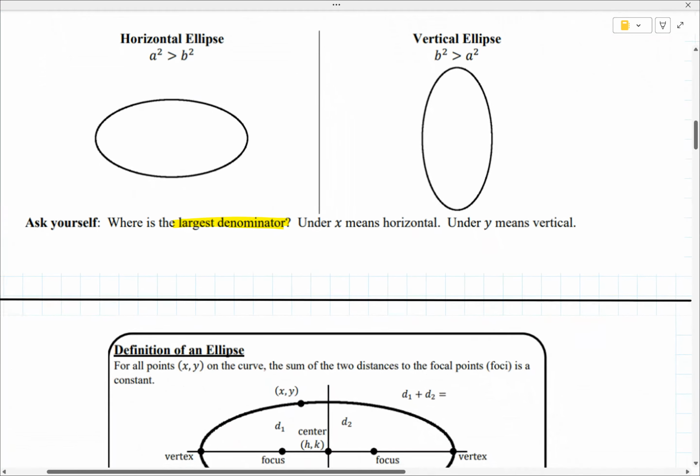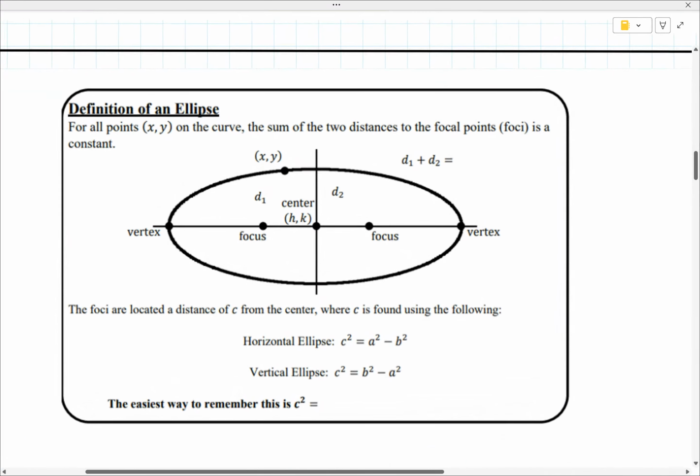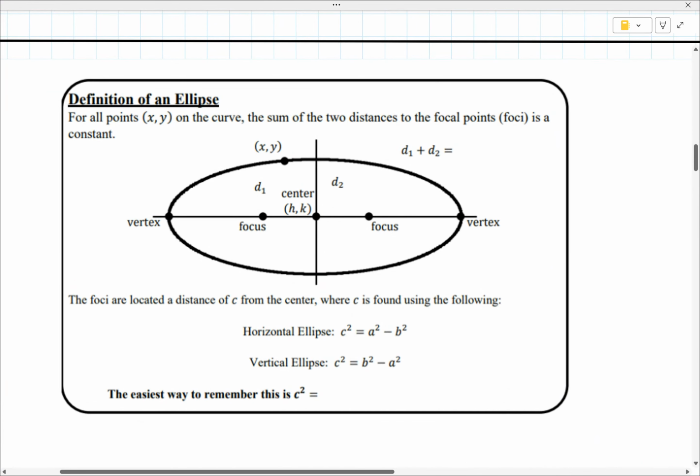All right. This next slide is just a bunch of lovely information. It has a definition for an ellipse. We have all sets of points x and y for the curve. It's the sum of our two distances to the focal points, our foci, as a constant.